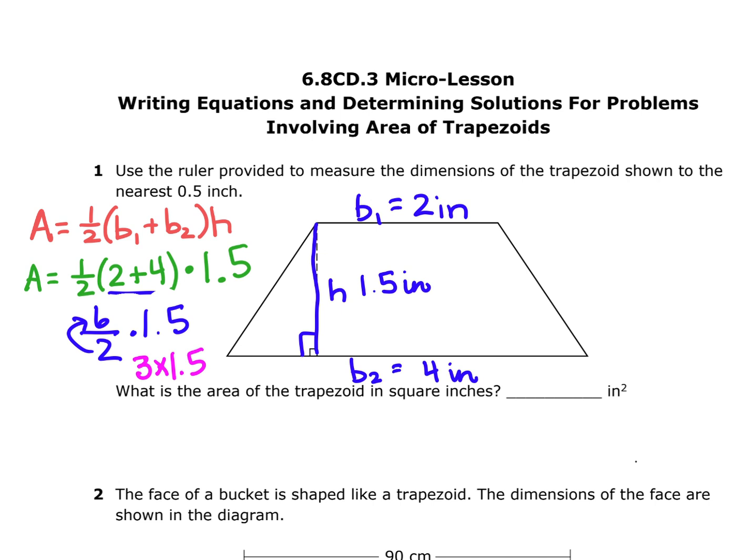But you're multiplying now 3 times 1.5, which is going to give me a grand total of, here, I'll just do it over here. 5 times 3 is 15. Carry your 1. 3 times 1 is 3, plus 1 more is 4. You have 1 place value behind the decimal, so we need 1 number behind the decimal, which is going to be 4.5 inches squared. And that is your answer for the area of this trapezoid.